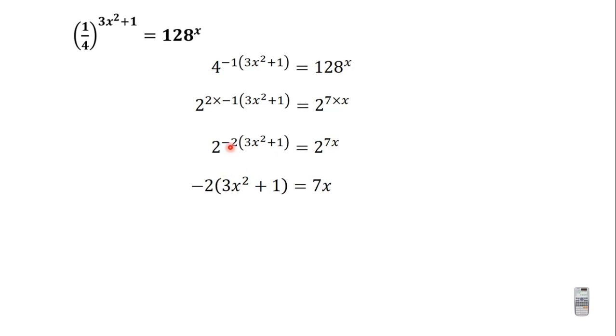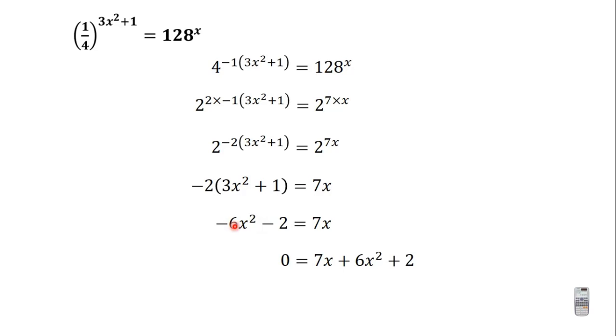So you say that minus 2 into bracket 3x squared plus 1 is equal to 7x. We expand this bracket. You have minus 6x squared minus 2 is equal to 7x. This is a quadratic equation. So we arrange it well so that you'll be able to solve the quadratic equation.